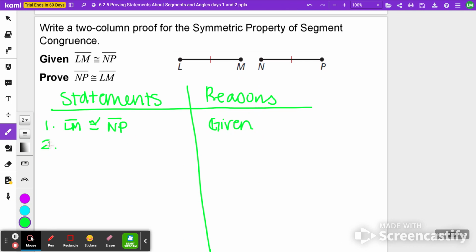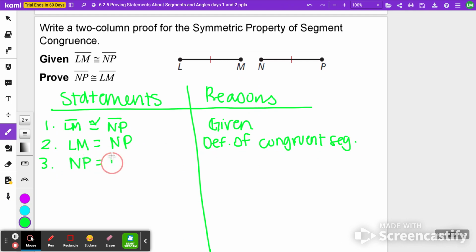So we are trying to prove, can NP equal LM? Well, LM is equal to NP based on the definition of congruent segments, which then means NP is equal to LM, and that is where we can use the symmetric property of equality.